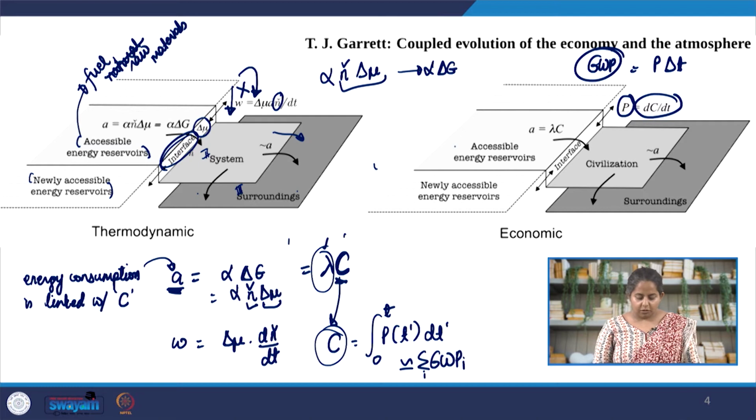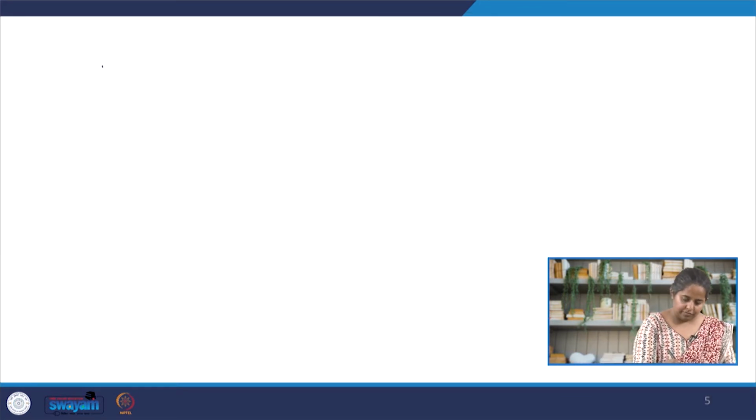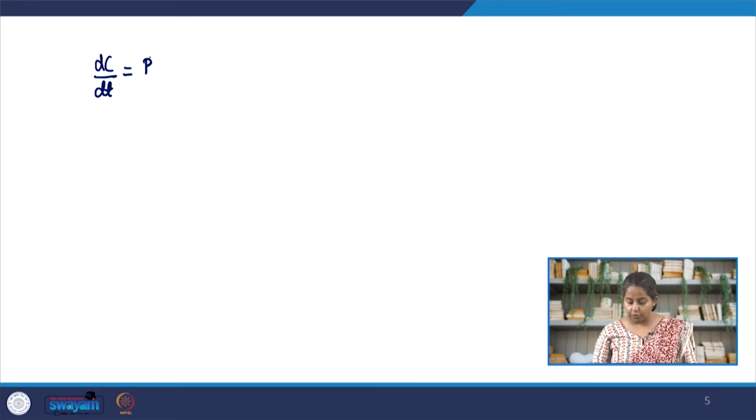Okay. Now, if we look at the equations that I have written on this page, we can very quickly get more information. First, as I mentioned here, it is clear dC by dt is equal to P. So, the rate at which the global wealth changes is equal to the productivity.